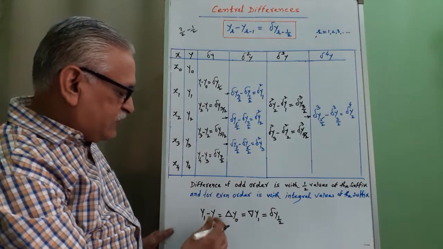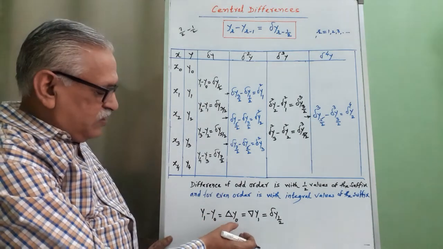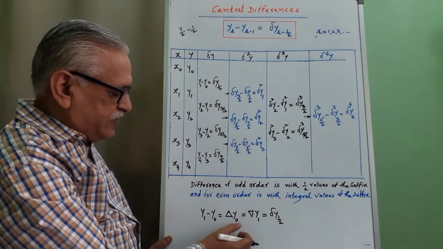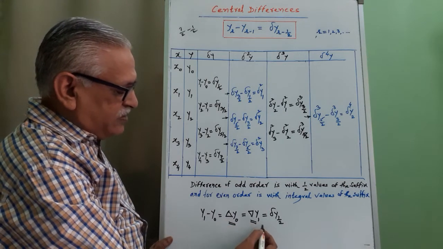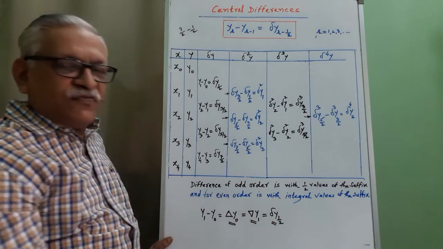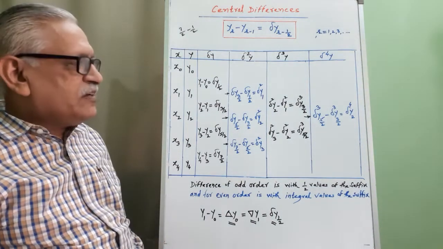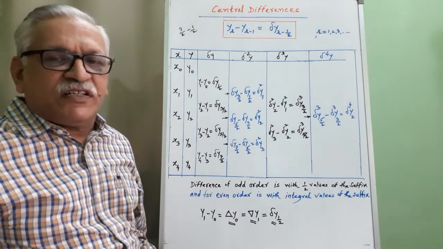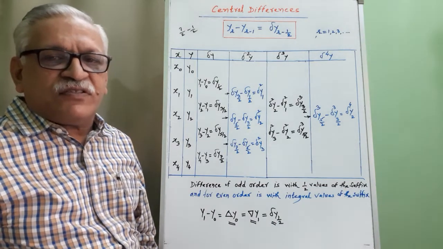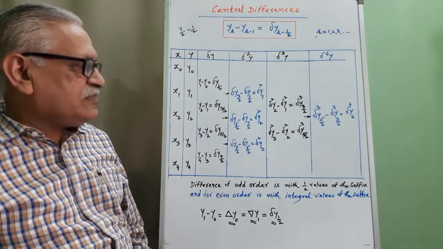Therefore, y1 minus y0 remains the same; only we are denoting it in three different ways. This is for forward, this is for backward, and this is for central differences. The same table can be used for any type of differences.